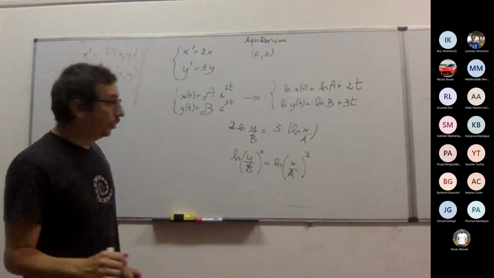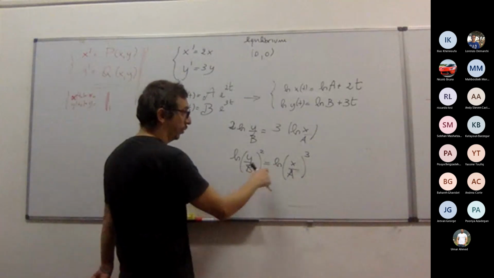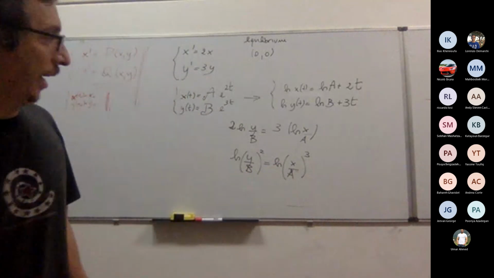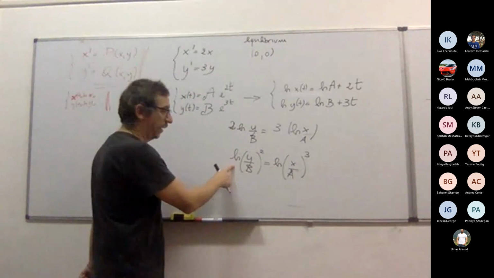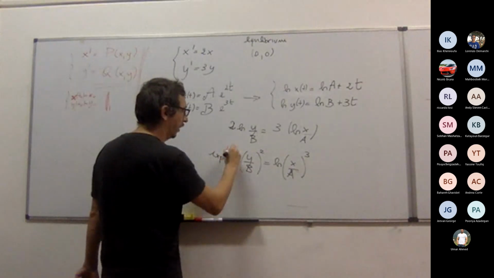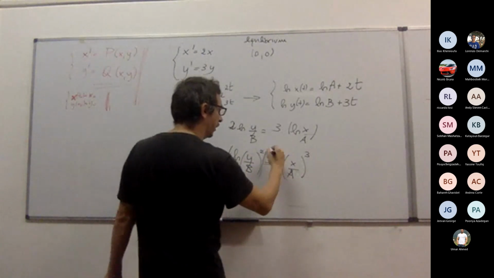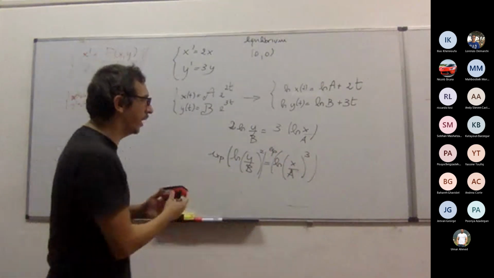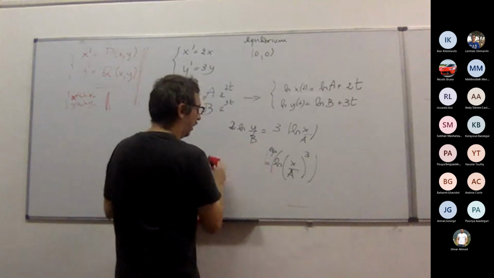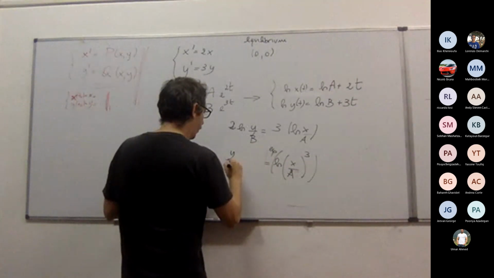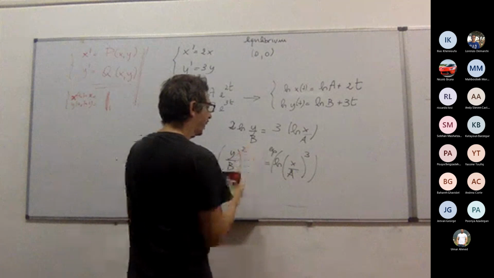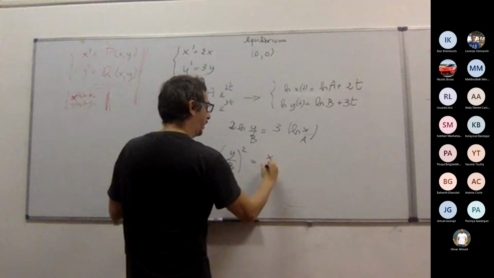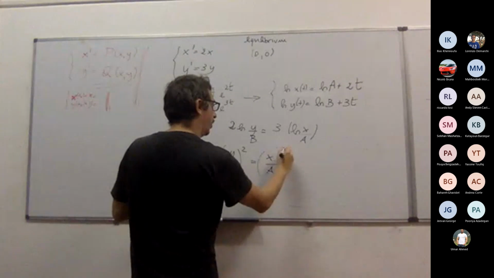Now, what I can do is to exponentiate on the left and on the right. So basically, this log disappeared. I'm taking the exponential of this and the exponential of right hand side, in such a way that the log disappeared. And what I have at the end is y over b squared equal to x over a cube.